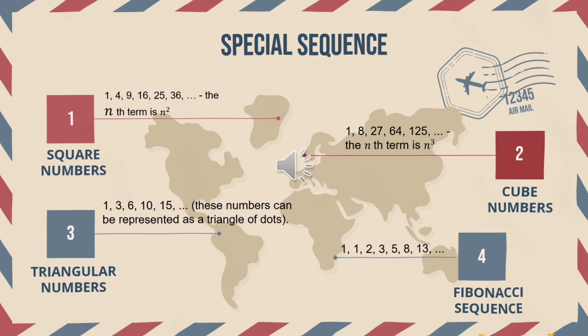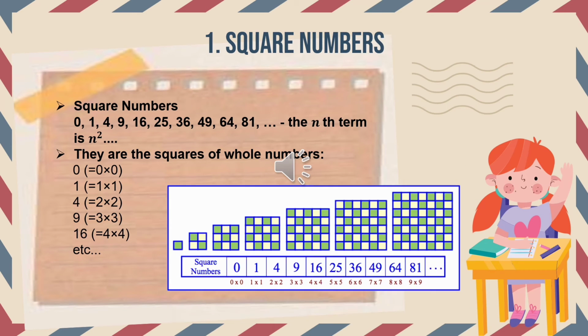So, square numbers like 0, 1, 4, 9, 16, 25, 36, 49, 64, 81, and so on. The nth term is n squared. They are the squares of whole numbers. 0 is 0 times 0, 1 is 1 times 1, 4 is 2 times 2, 9 is 3 times 3, 16 is 4 times 4, etc.